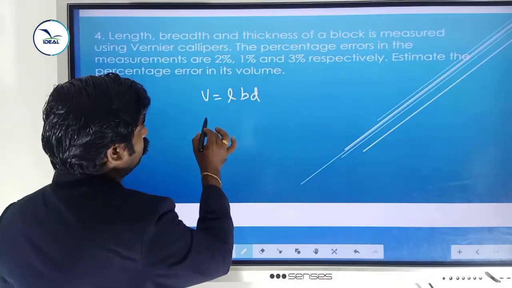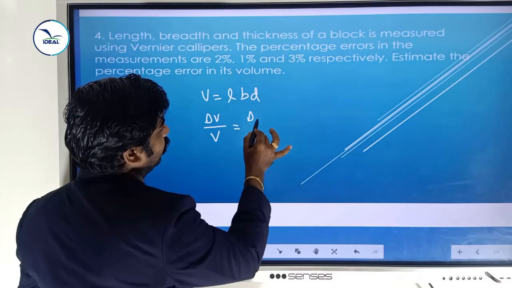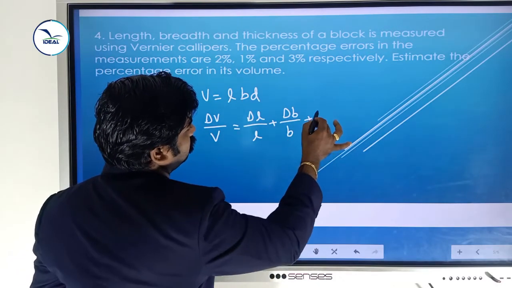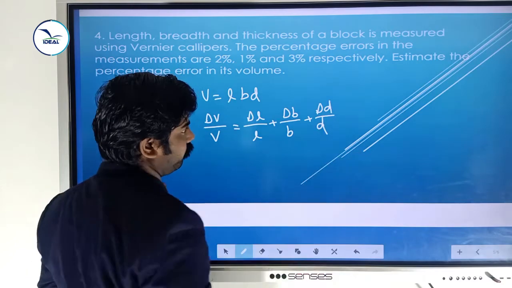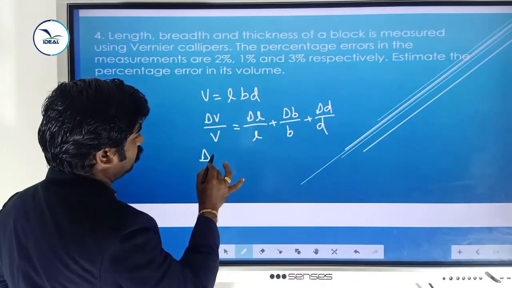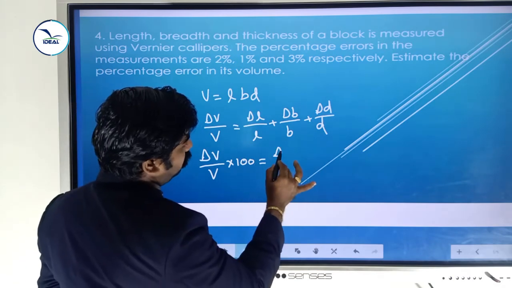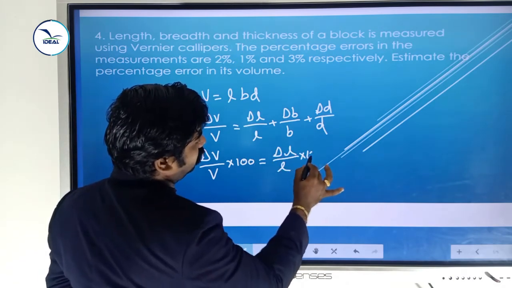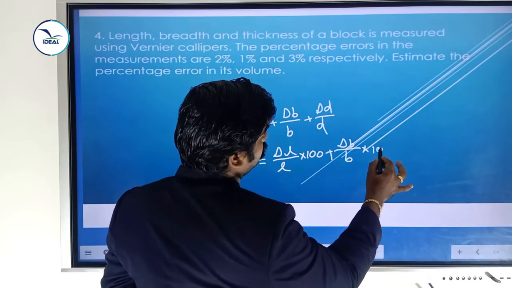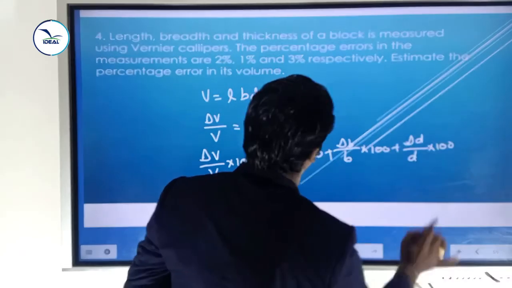Okay. So the error in this equation is delta V by V is equal to delta L by L plus delta B by B plus delta D by D. We want to calculate the percentage error, so we want to change this equation. Delta V by V into 100 is equal to delta L by L into 100 plus delta B by B into 100 plus delta D by D into 100.